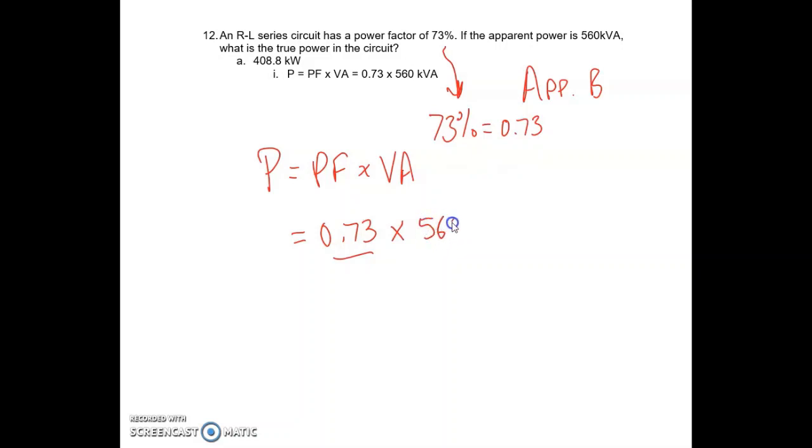That's 560,000 because it's kilovolt amps. And the answer is 408,800 watts equals 408.8 kilowatts.